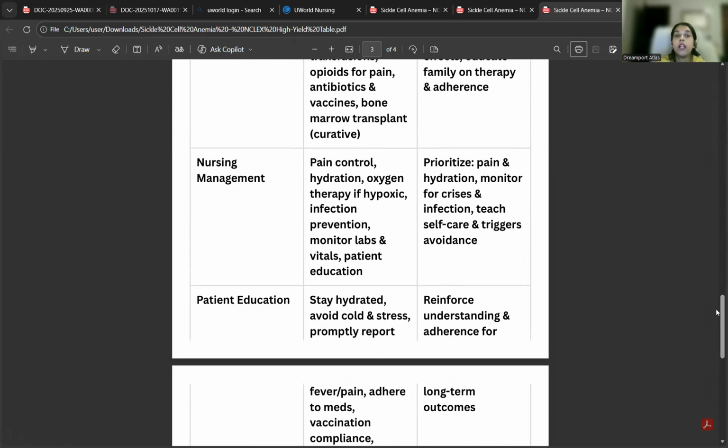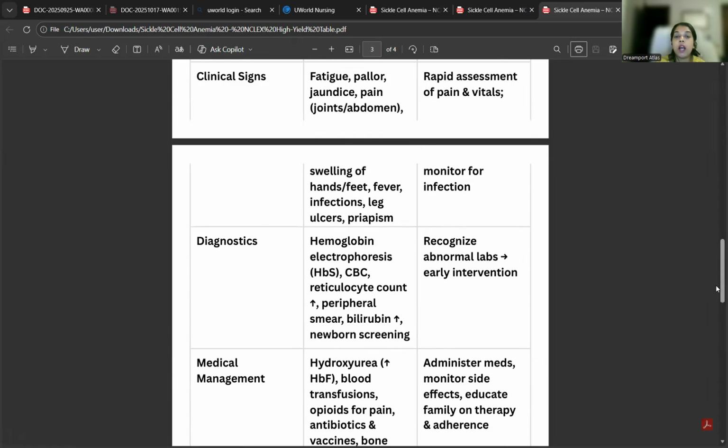The main medication is hydroxyurea. Usually, when hemoglobin S is converting into sickling, we can administer hydroxyurea. And if the client has chronic anemia, the client needs blood transfusions.